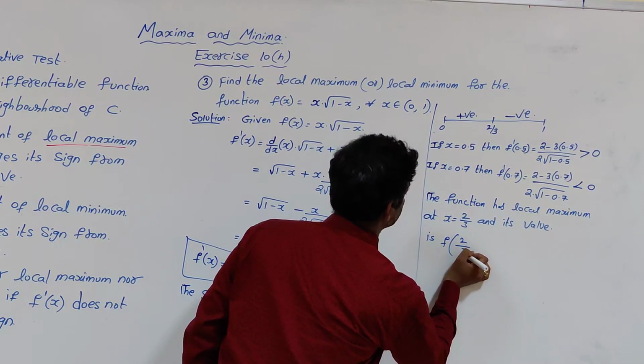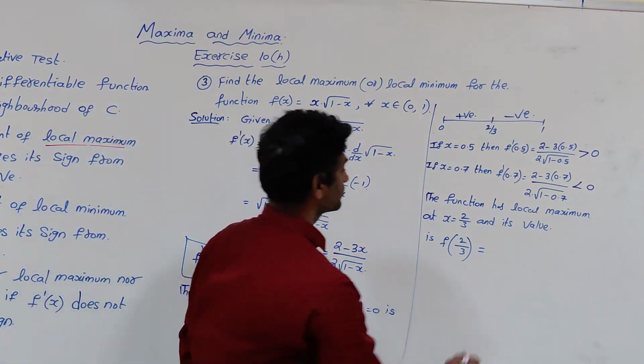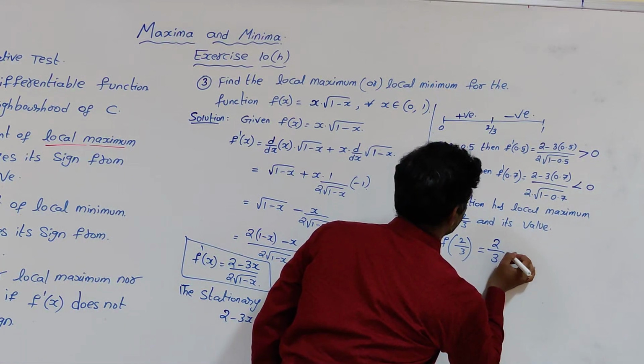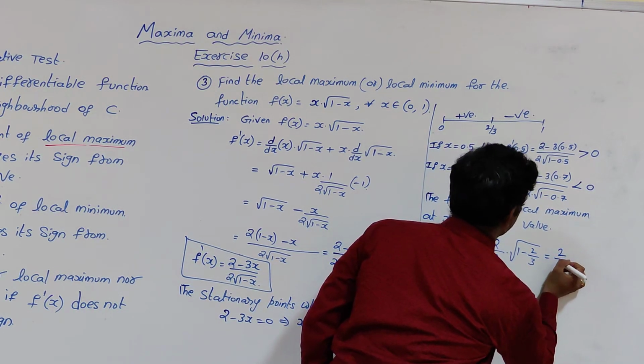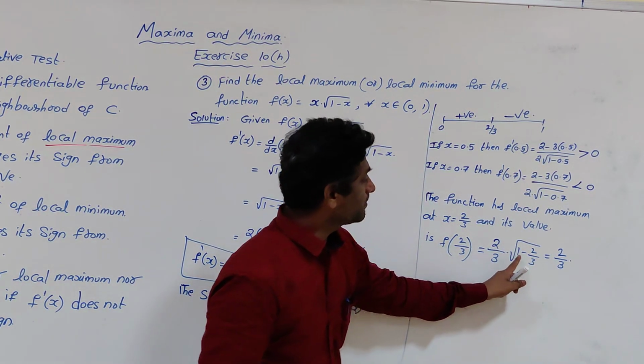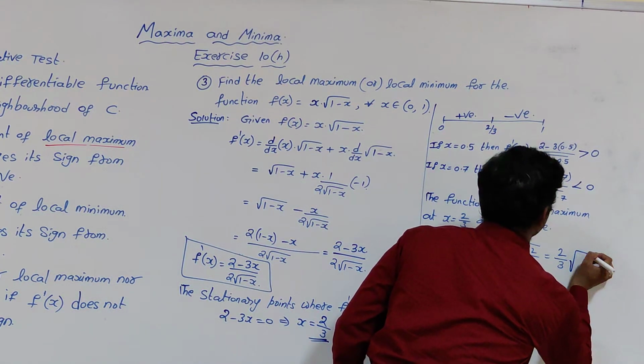2 by 3. So substitute this 2 by 3 in the given function. 2 by 3 into under root of 1 minus 2 by 3, which is 2 by 3 into under root of 1 by 3, since 1 minus 2 by 3 is 1 by 3.